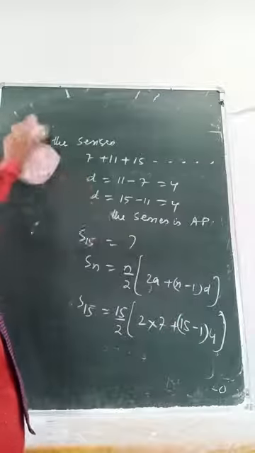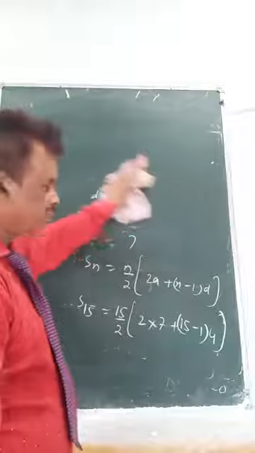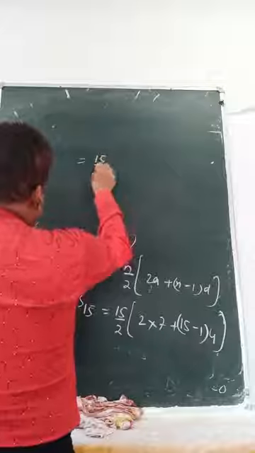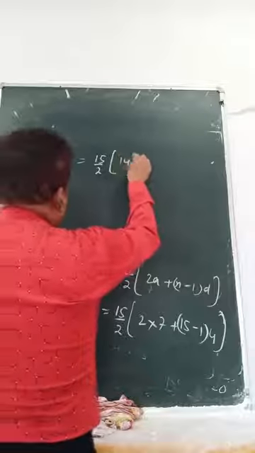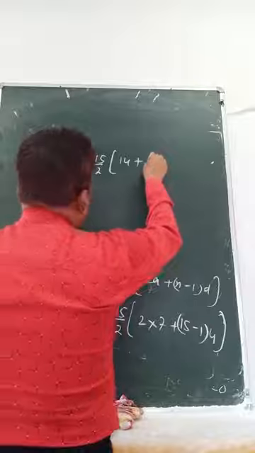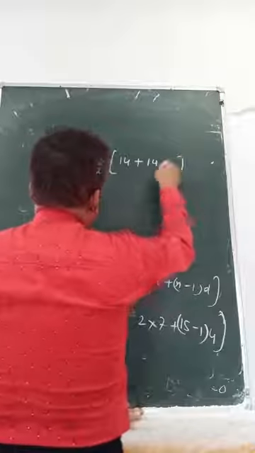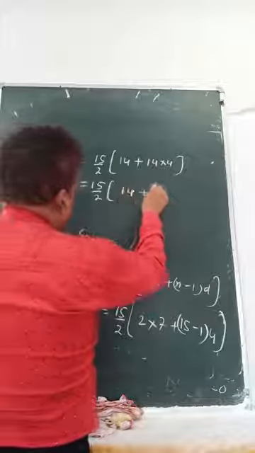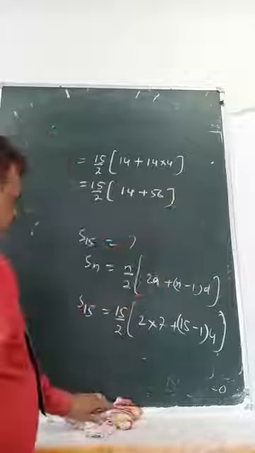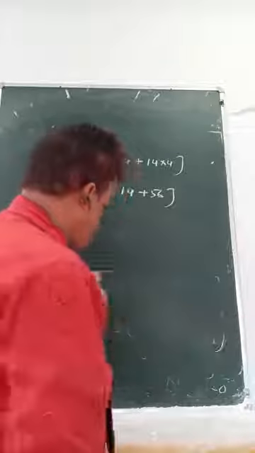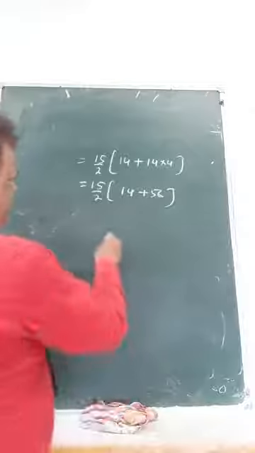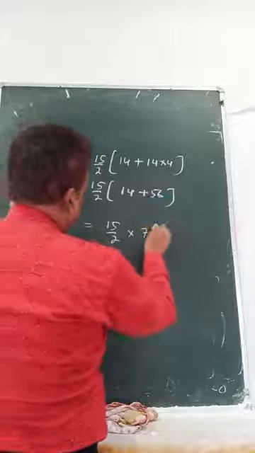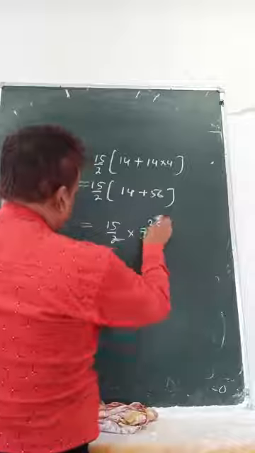Simplified, how much will you get? 15 by 2 into 14 plus 14 into 4. 15 by 2 into 14 plus 56. So you will get 15 by 2 into 70, which is 525.